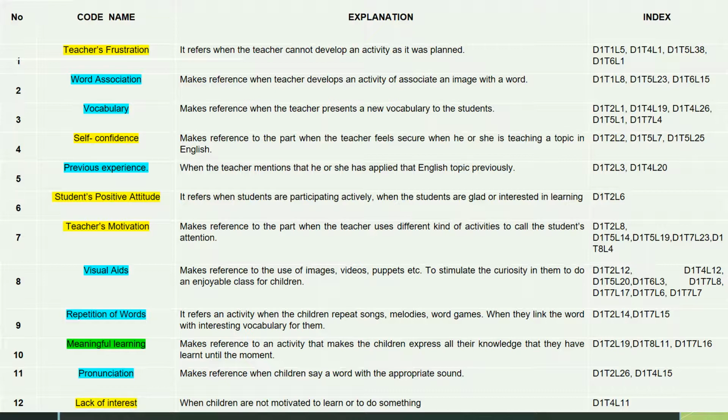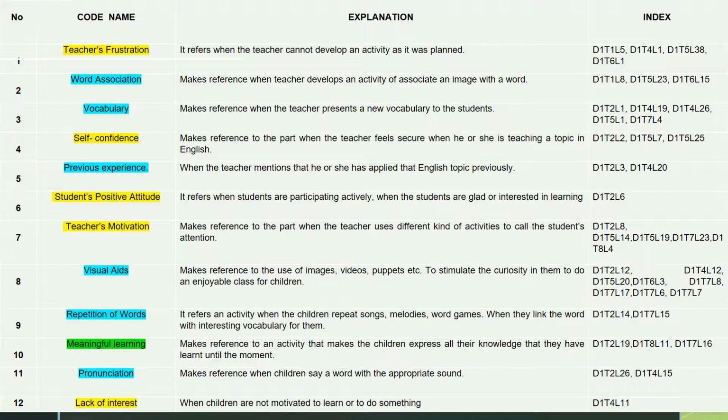Other code is lack of interest, when children are not motivated to learn or to do something. Students' positive attitude refers to when students are participating actively or are glad or interested in learning.